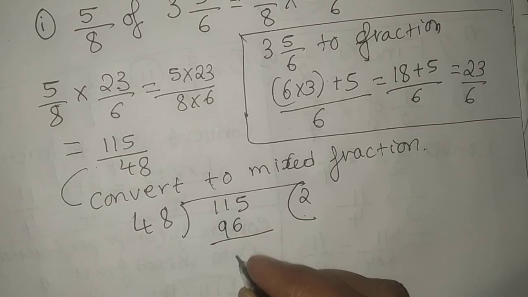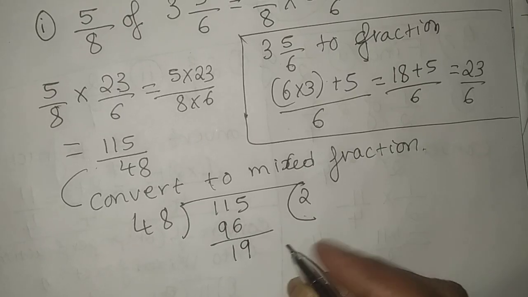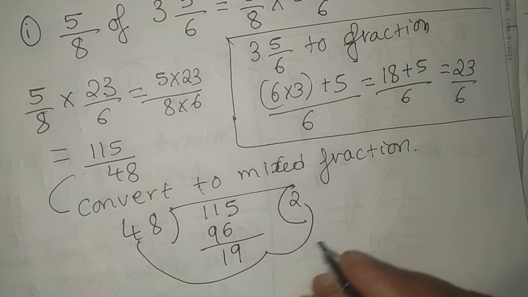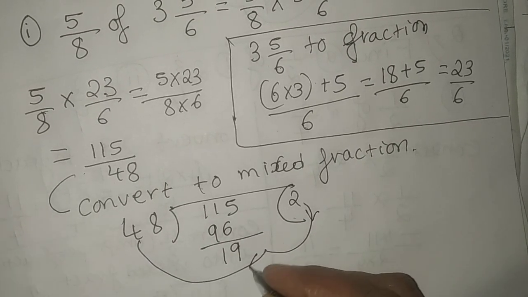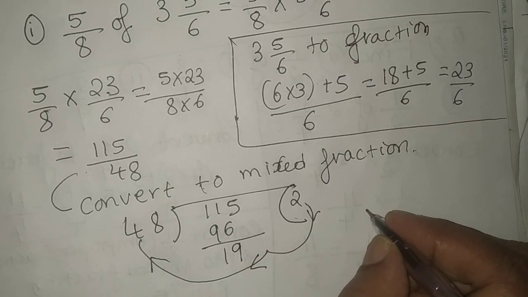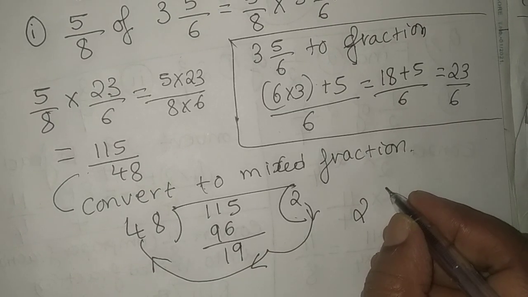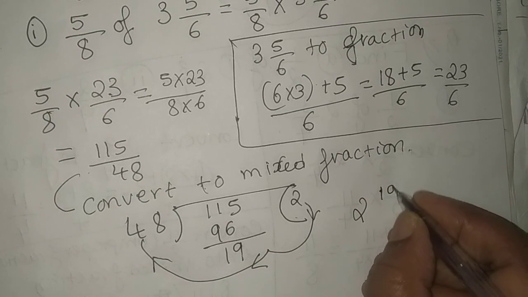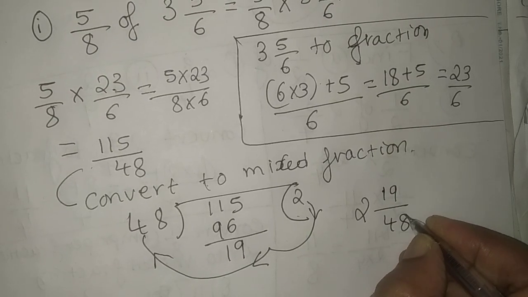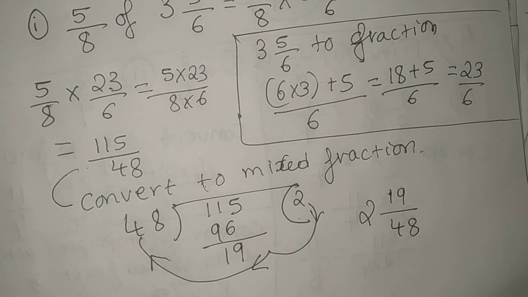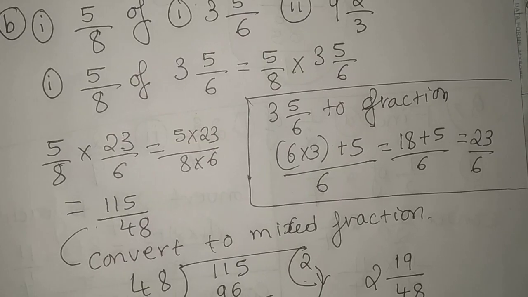What is the remainder? That is 19. So write this in this form. That is 2 19 by 48. This is the solution for question 7b, first one. We'll move on to the next one.